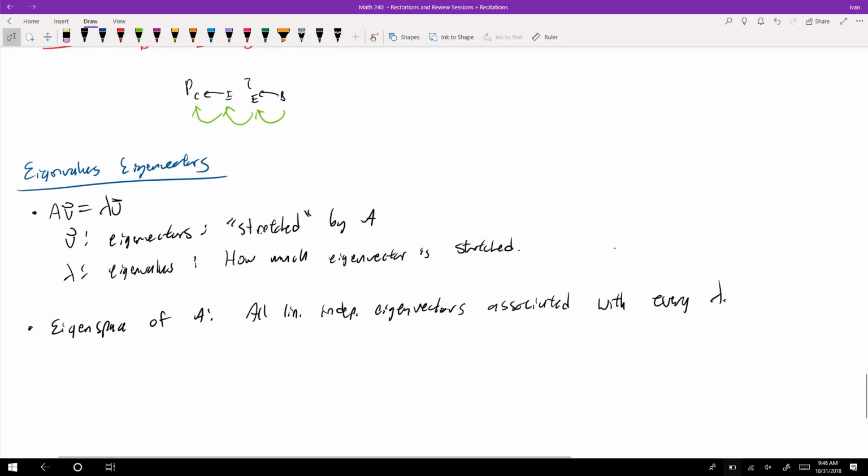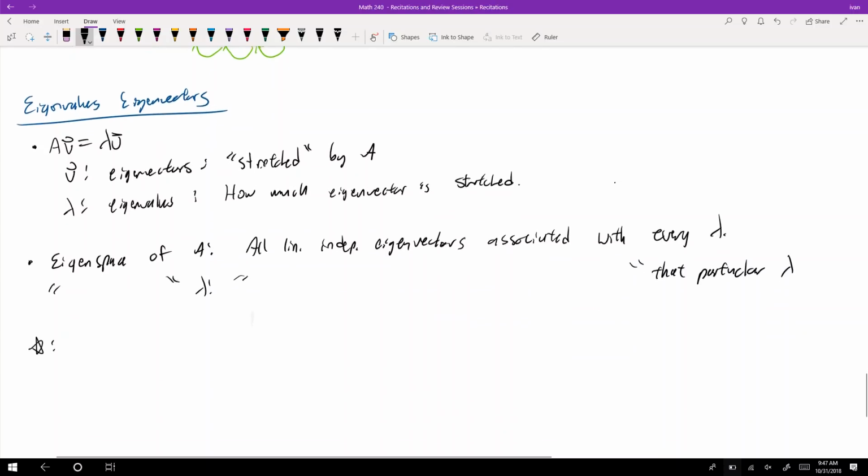And then you also have an eigenspace of lambda, which is all linearly independent eigenvectors associated with that particular lambda.